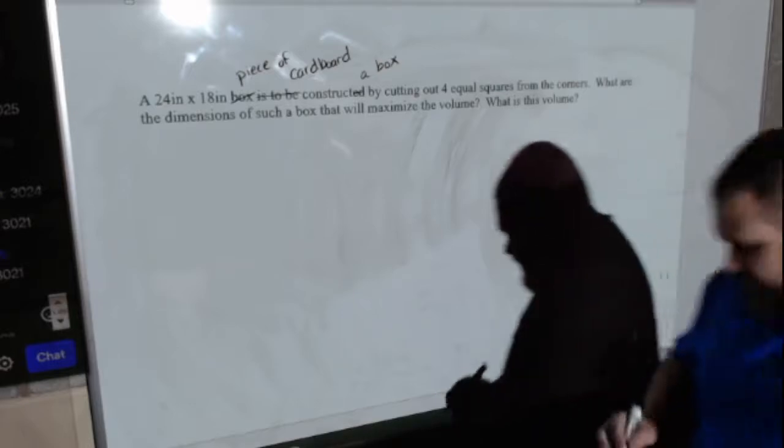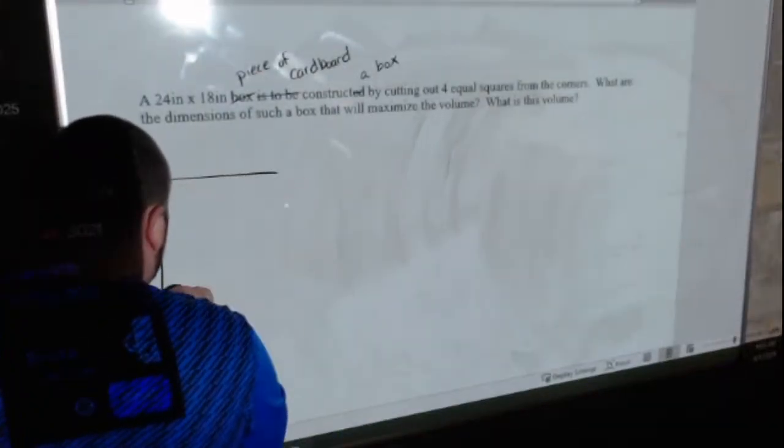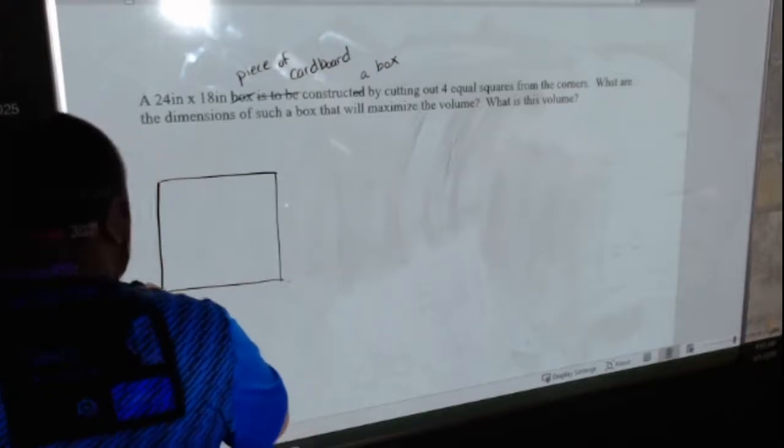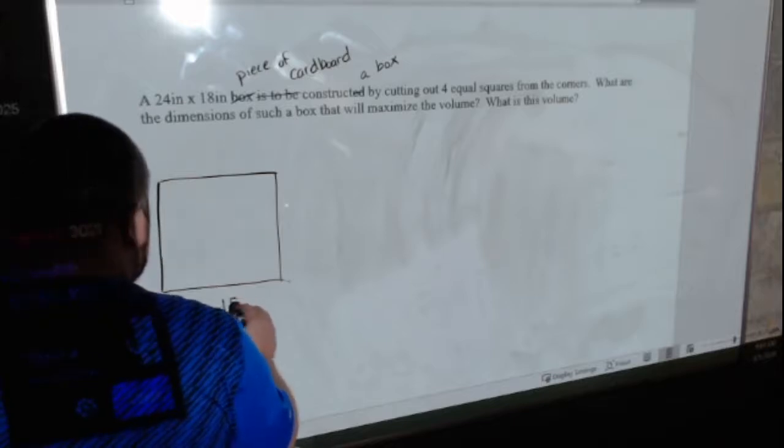So, let me just draw the situation so it makes sense. Right, we've got a sheet of cardboard, and it is 24 by 18.